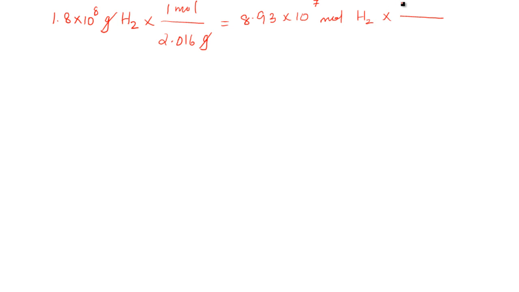We are looking for the moles of oxygen, so that goes on the top. So 1 mole of oxygen per 2 moles of H2. So now again moles of H2 go away. How many moles of oxygen do I need? Do the calculation.